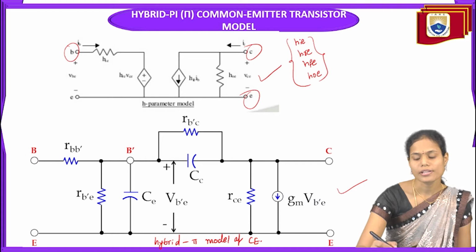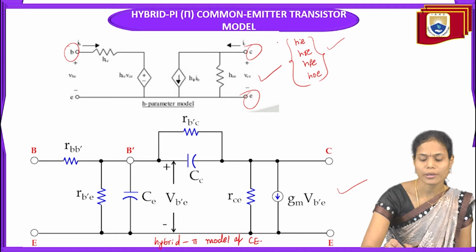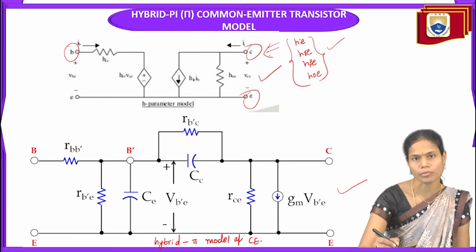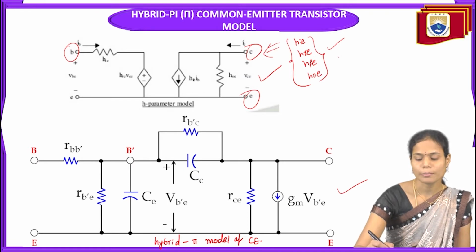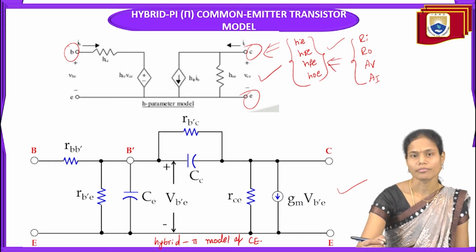In the small signal analysis, we derived these four parameters and then implemented this H parameter model. From this model, we can do the small signal analysis of the transistor, that is, find the amplifier parameters: input impedance, output impedance, voltage gain and current gain, in terms of these H parameters, which we derived already.